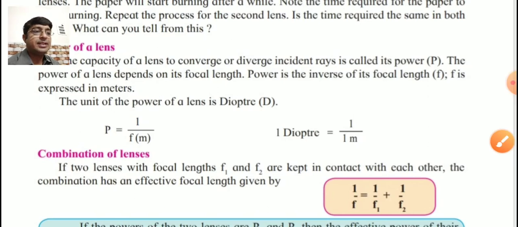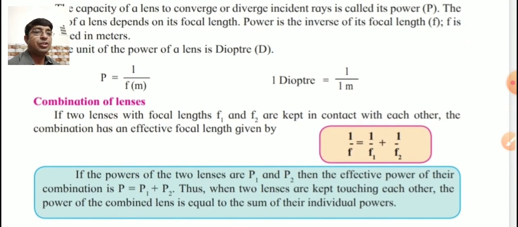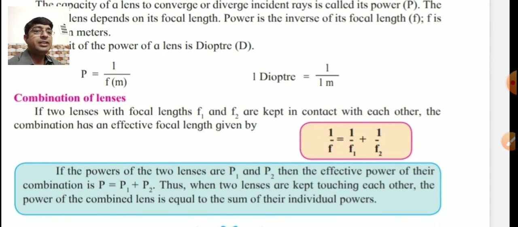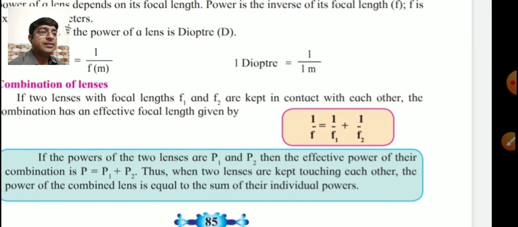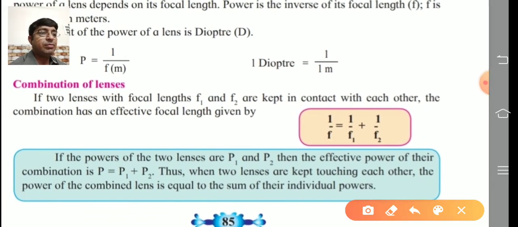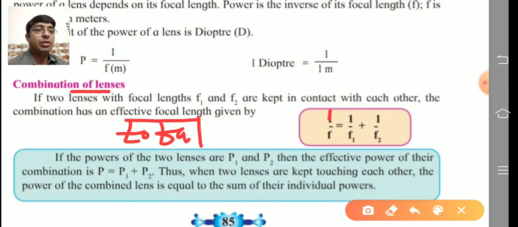So remember this. Next one. What is combination of lenses? If two lenses with focal length f1 and f2 are kept in contact with each other, the combination has an effective focal length given by, what is that formula? 1 upon f is equal to, that is a combination of the two lenses. 1 upon f is the effective focal length, that is nothing but the total focal length of both the lenses.